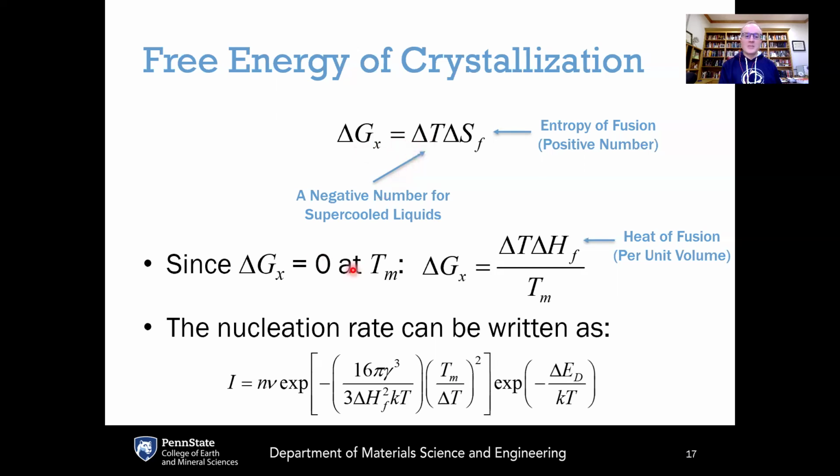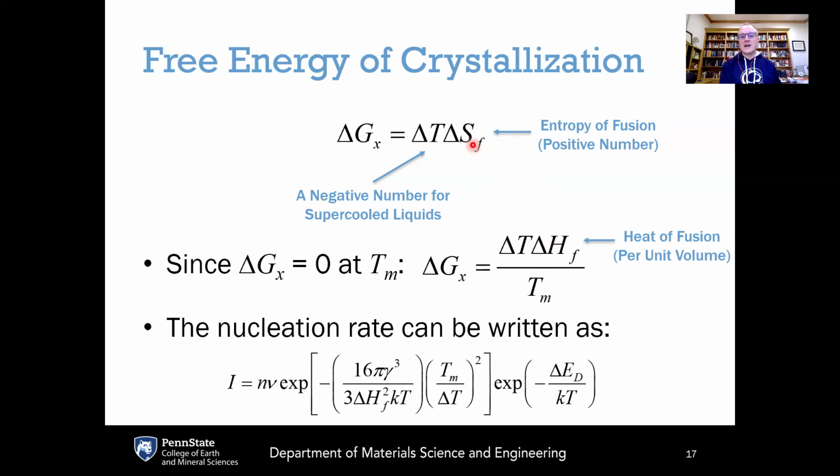And we know at the melting temperature, by definition, is where the Gibbs free energy of the liquid phase is equal to the Gibbs free energy of the crystal phase. So the delta G sub X must be equal to 0 at the melting temperature by definition. Using that then as the reference point, then we can relate this delta S of fusion back to the heat of fusion, the enthalpy change of fusion.